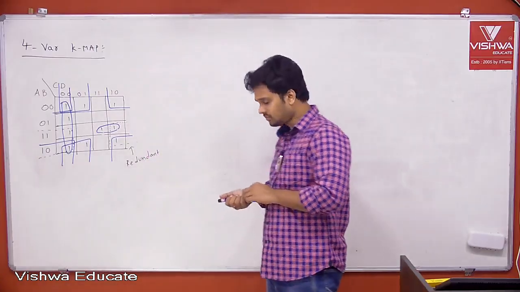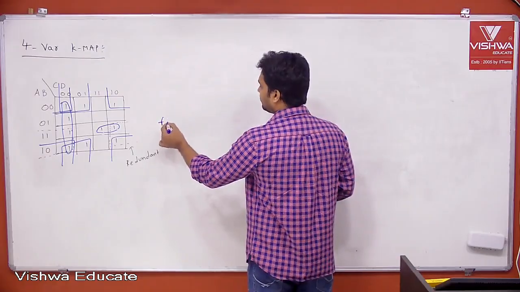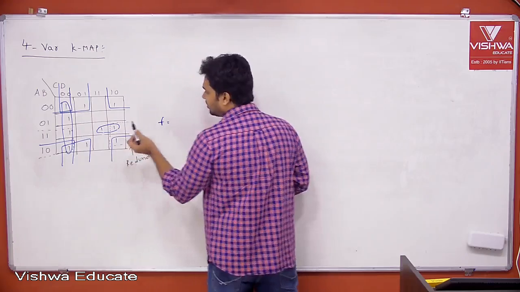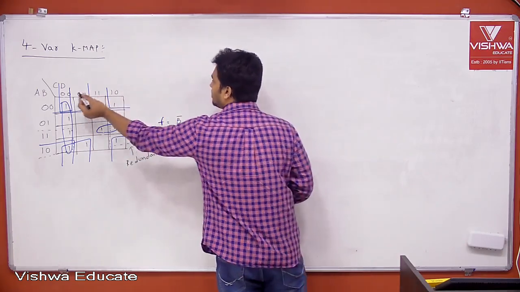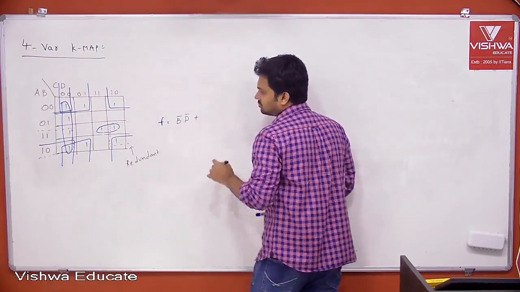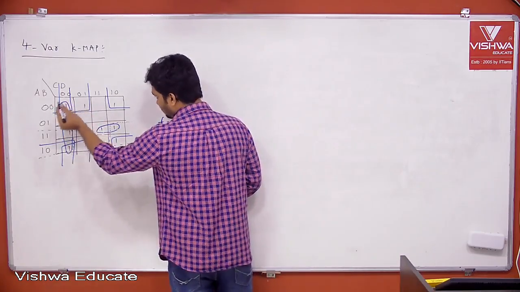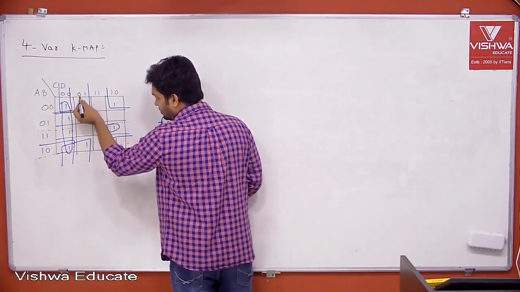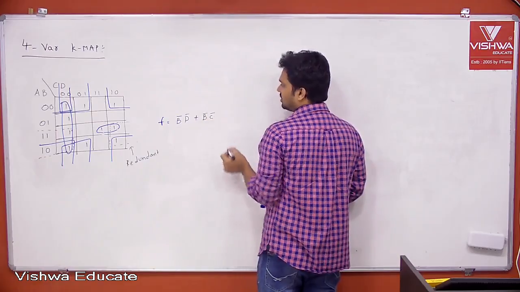Okay. Now let us write the expression. What is your F? For all the four corners quad, what is this? B bar. What is common in the first and last? 0 means D bar. For this quad, what is common in first and last? 0. First and second, what is common? 0. B bar, C bar.